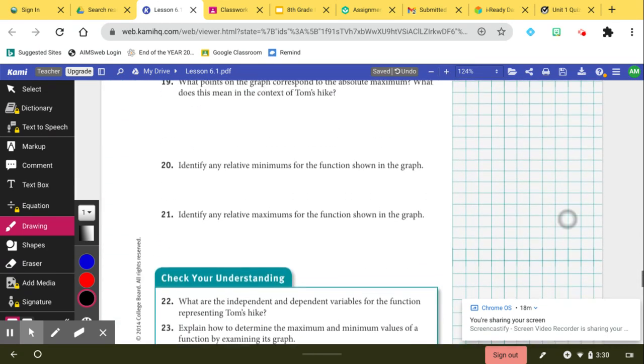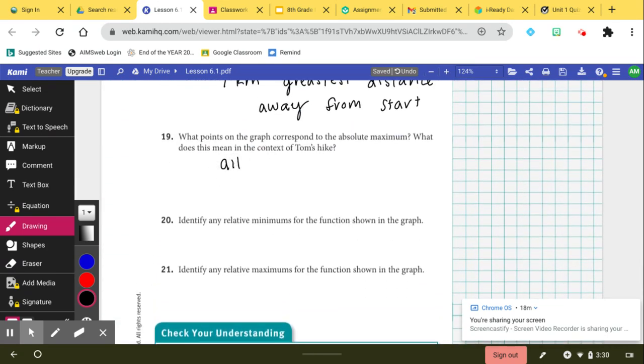So all the points between the time of 80 minutes to 100 minutes. And what does it mean in the context of Tom's hike? Well, if he stays a constant 7 miles away from his starting point and it's circular, that probably means that he stopped for those 80 to 100 minutes, because his distance away from the starting point remains constant.